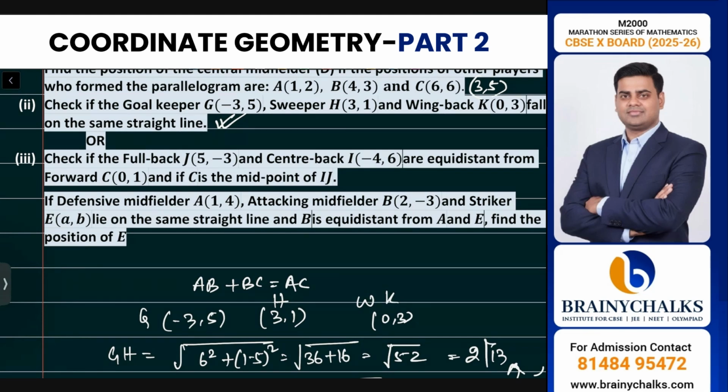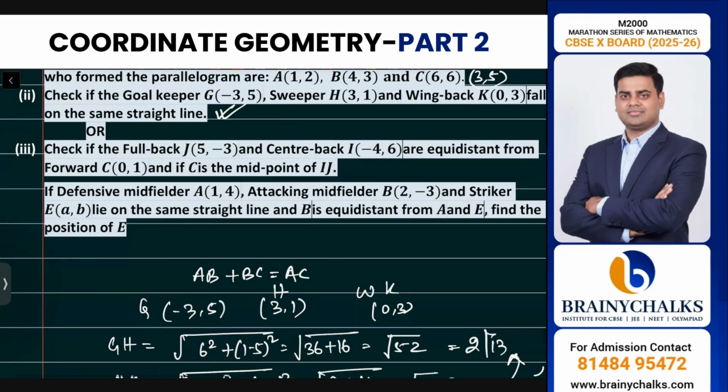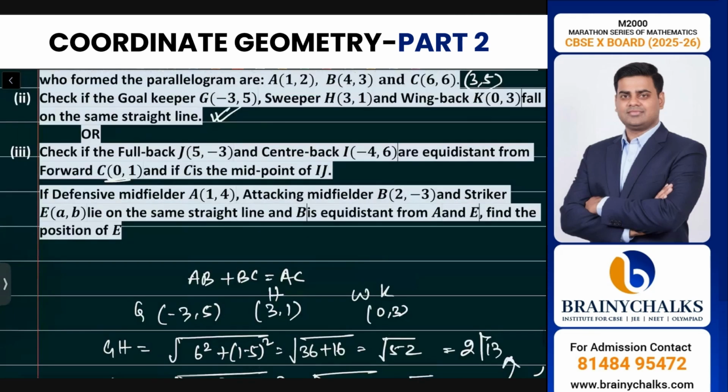Check if the full back J (5, -3) and center back I (-4, 6) are equidistant from forward C (0, 1), and if C is the midpoint of IJ. First take CJ. They have asked about equidistance from C, so CJ equals CI. Check: root under 5 squared plus (1 minus of minus 3, that is 1 plus 3) the whole squared.